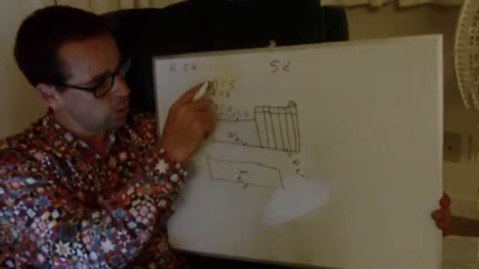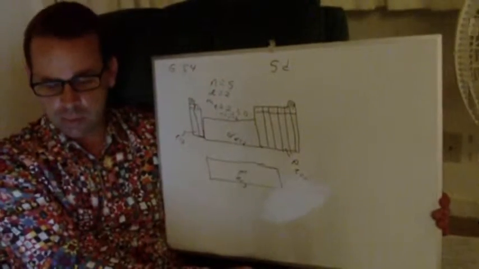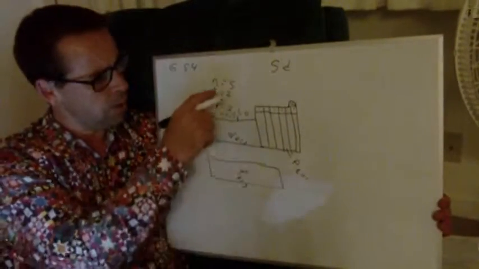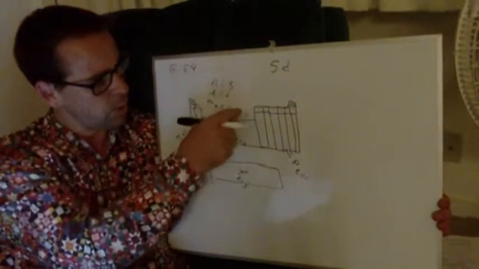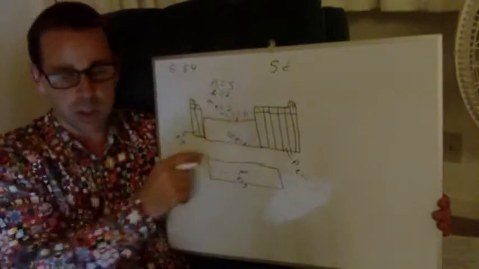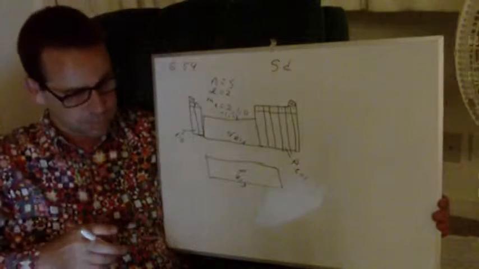So there would be 1, 2, 3, 4, 5 sets of these numbers. Alright.